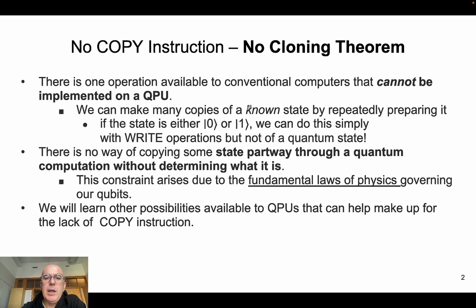There is one operation that is typically available in all classical computers, the assignment operation. For instance, we have a variable and then we can set it to a certain value. In quantum computing, we can do this only when we are preparing a state, when we are doing a write operation, and we have a non-classical state.